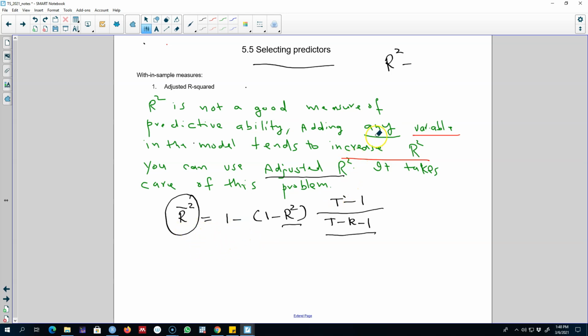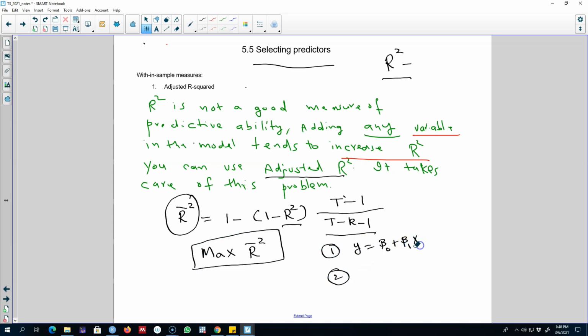Now this is different from the value of R squared because the value of R squared always increases if we include an extra variable in the model, but the value of adjusted R squared will penalize the model. Say we have two models, model 1 and model 2, where model 1 contains only one variable and model 2 contains two variables.